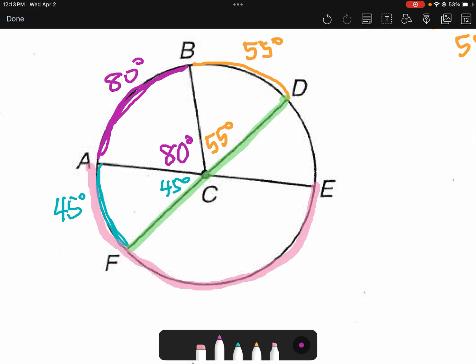Now since that's a semicircle, we know that this guy right here has to be 135, because the 45 and the 135 have to add up to 180. And these guys are vertical, if you notice. They better be the same.